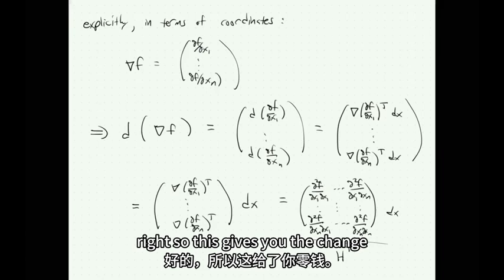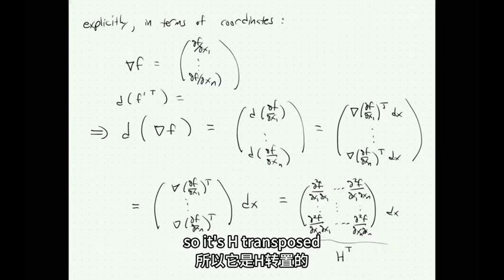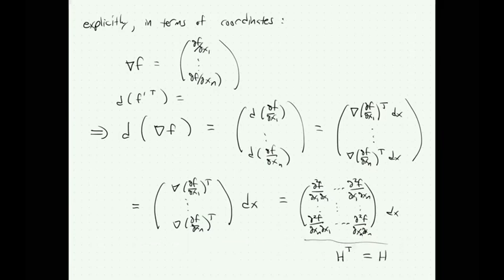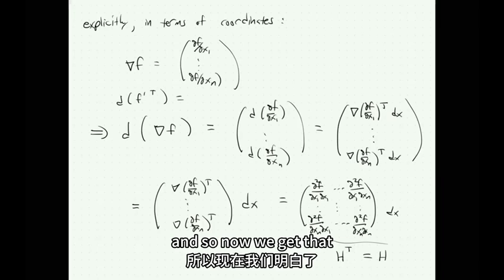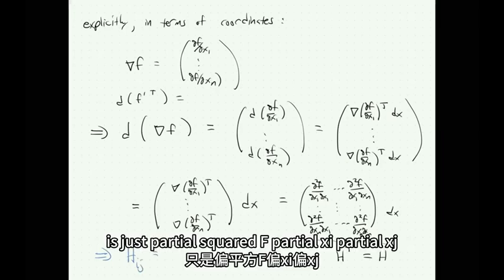So this gives you the change, the derivative of f prime transpose. So it's H transpose. But we know that equals H, so it doesn't really matter. And so the ij element of H is just partial squared f, partial xi, partial xj.